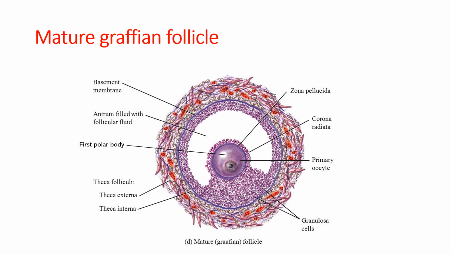In this picture we can see the mature Graafian follicle, and here we can visualize the first polar body also seen in the perivitelline space.